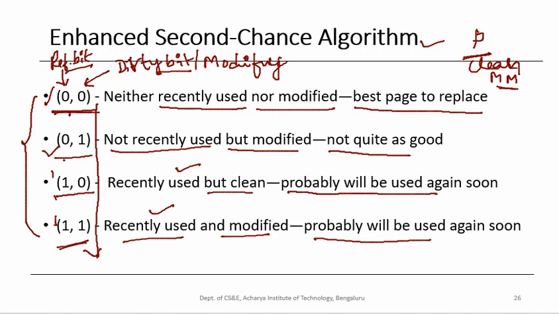If we don't get that, then we go for the 1 and 0 combination. So that is the second chance algorithm.